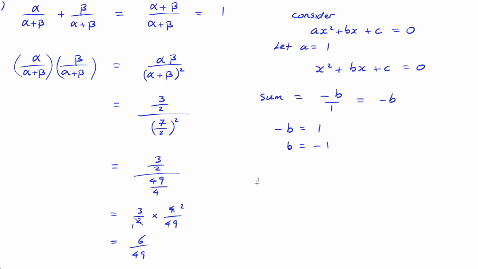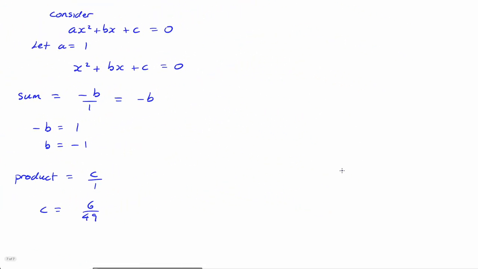The product is equal to c over 1, so c is equal to 6 over 49. Okay, so now I have a, b, and c. Oh, sorry, I do have a, it's 1. I'm just going to sub in here. My quadratic is therefore x squared minus 1x, or minus x, plus 6 over 49, and this equals 0.